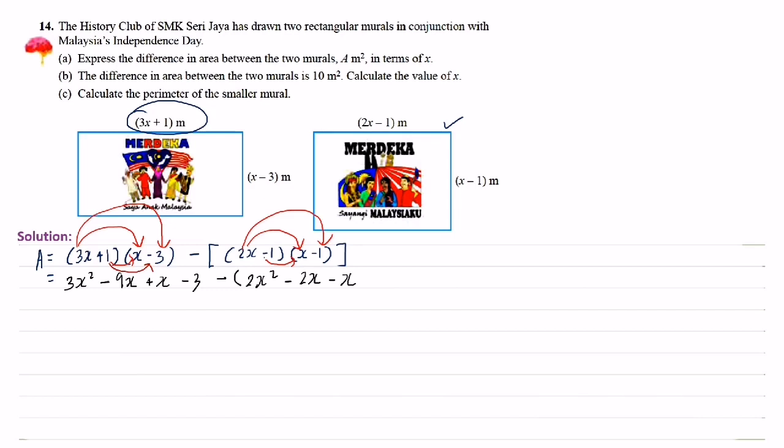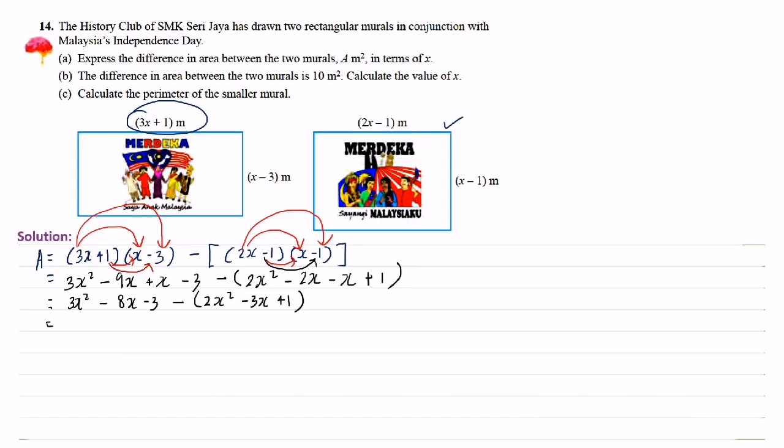And the last one, negative 1 times negative 1 equals positive 1. Equals 3s squared minus 8s minus 3 minus 2s squared minus 3s plus 1.